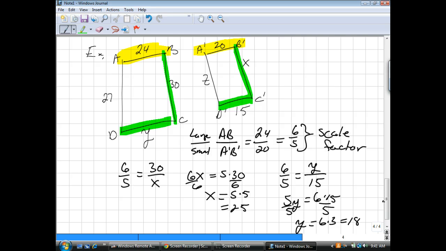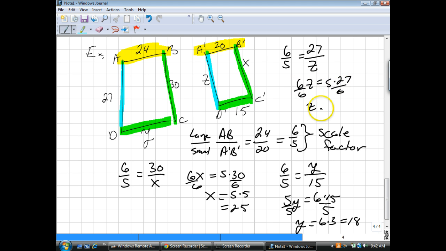And then the last one we need to find is z. So again, we use our scale factor, 6 to 5. And the side that corresponds to z is AD. And remembering I did large to small means the 27 goes on top, the z goes on bottom. So 6z equals 5 times 27, divide by 6.